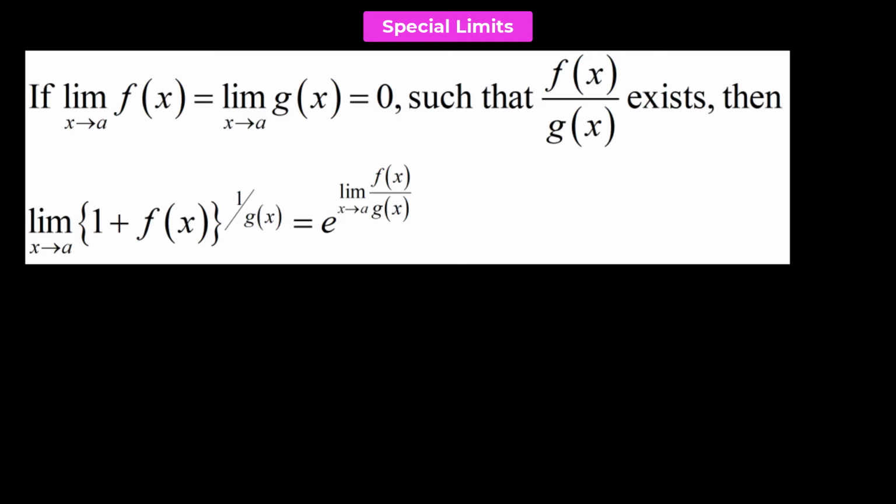So let us begin by assuming that a is equal to the limit as x approaches a of 1 plus f of x whole raised to the power of 1 over g of x. Now we take the natural log on both sides.